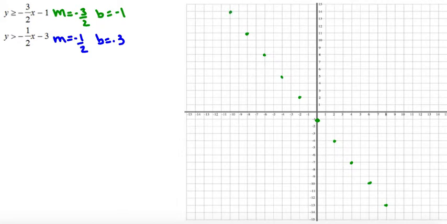Okay, my inequality symbol here is greater than or equal to, so I know that my line will be part of the solution, so it's solid.